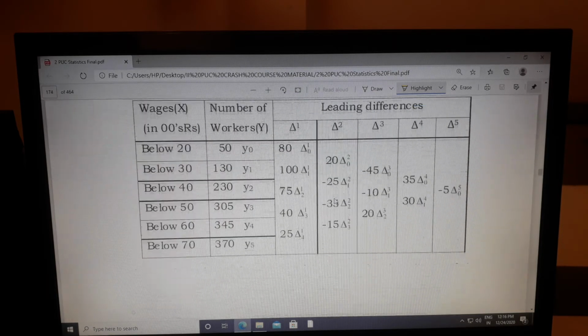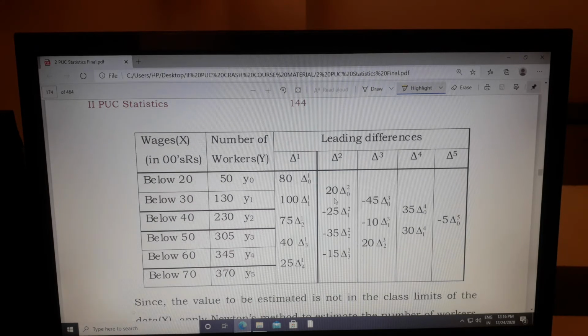Look at here. This is the leading difference table. I have converted 10, 20, 20, 30, 30, 40 to below 20, below 30, below 40, below 50, below 60 and below 70. And then the number of workers: when we convert into LCFs, the less than frequency table kind, obviously the frequencies must be less than cumulative frequencies.